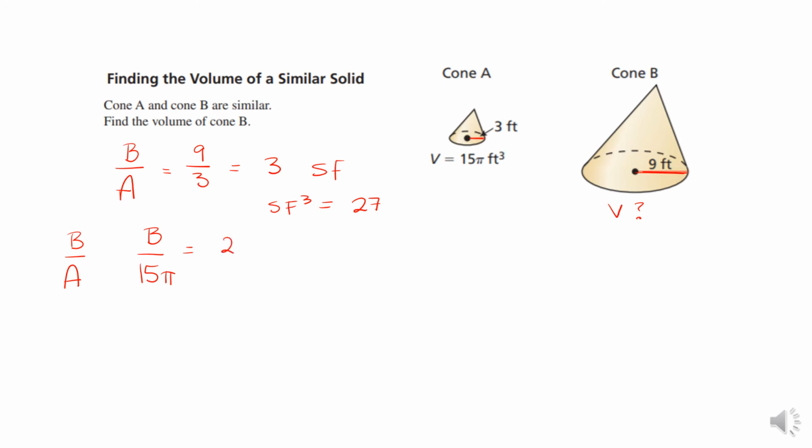You could put over 1 if you want. And so now you're going to cross multiply, and you get the volume of B equals 405 pi feet cubed. Okay, so that's how you would find that problem.